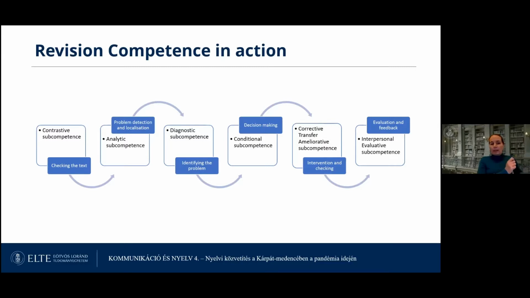After the decision, employing corrective, transfer, or ameliorative sub-competence, the reviser intervenes, then checks his own work, and then through the evaluative sub-competence gives the feedback to the translator.